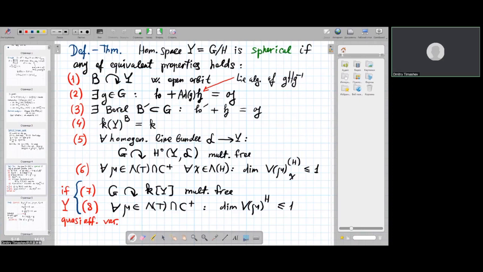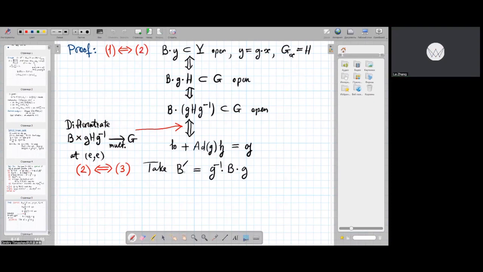If you apply the adjoint operator corresponding to G inverse, the conjugation, yes? Shouldn't we choose G times B times G inverse and not G inverse times B times G? On which line? Here?